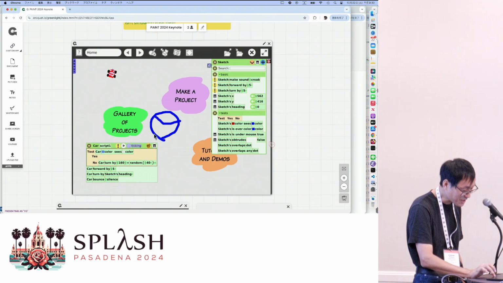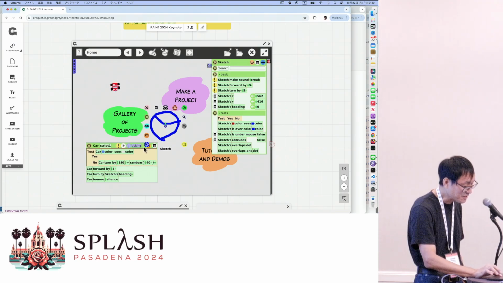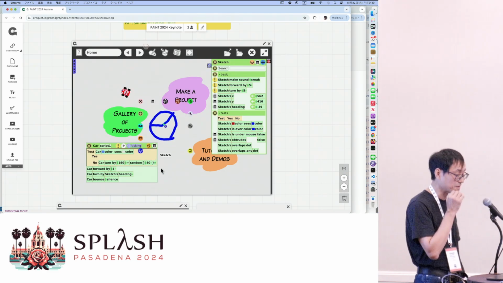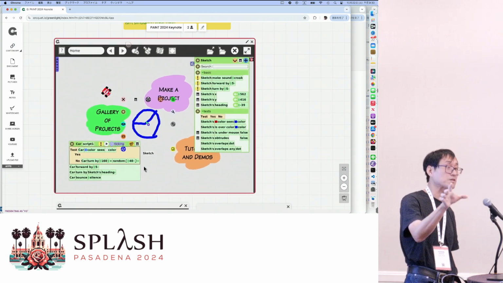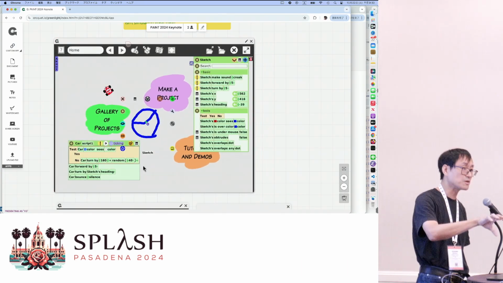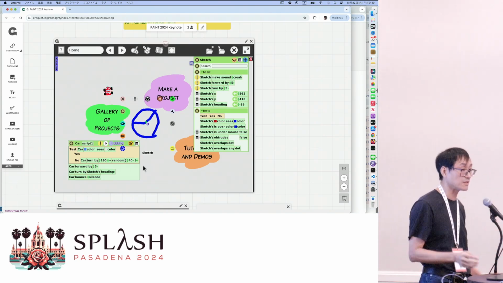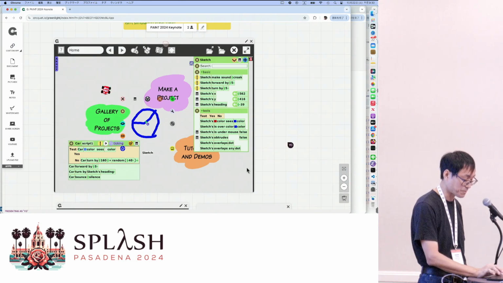I can drive the car by rotating the steering wheel. So this kind of stuff is what we used to do. Again, the main thing is the symbolic representation and graphical representation on one screen, and they are connected.